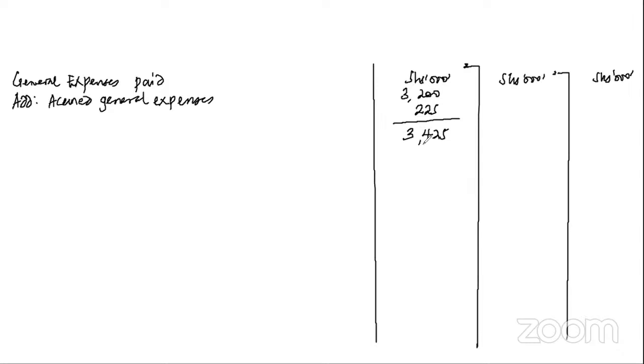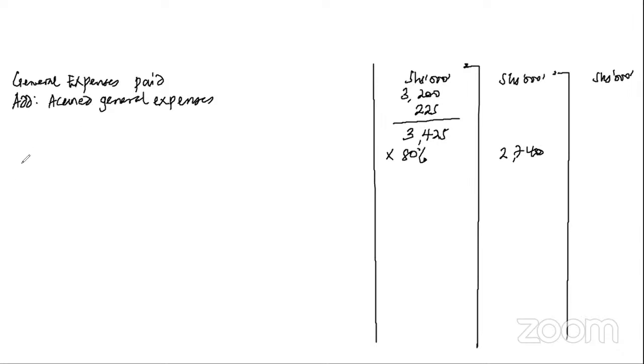But according to the information given in the question, they are telling you that 80% of the general expenses are to be apportioned to the factory. So meaning that 3,425 times 80%, this gives you around 2,740. So that is factory.